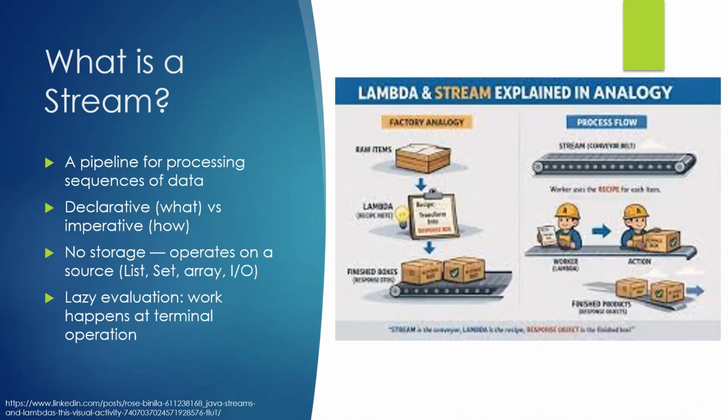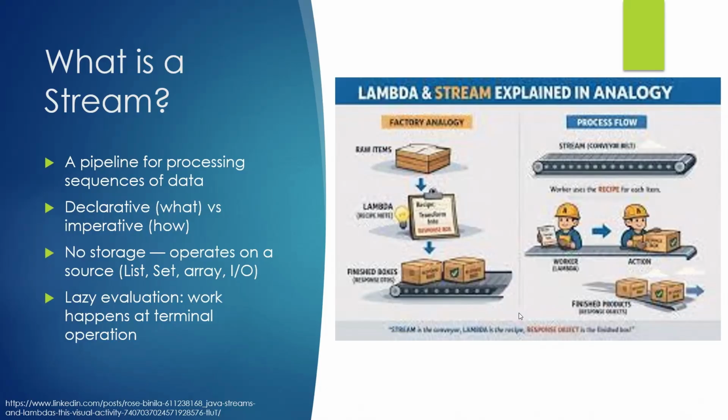The way you can think about a stream is you have a collection of items, and you put the items on a conveyor belt. On this conveyor belt you perform all sorts of operations on these items, and at the end you get a result.